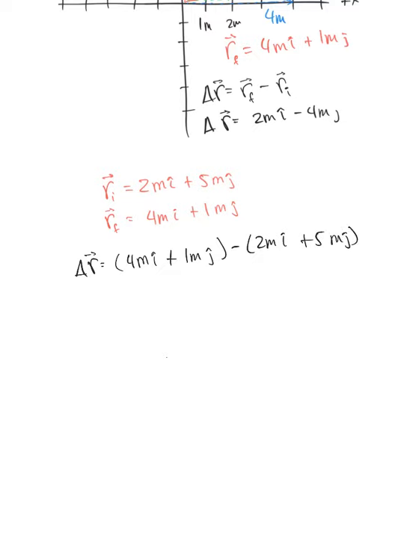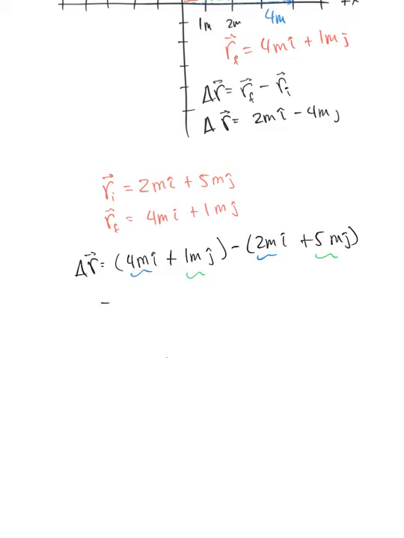The key here is to realize that the x components, the I hat components, are independent of the y components. That is, moving in the y direction does not help you move in the x direction. Likewise, moving in the x direction does not help you move in the y direction. So if I want to move 2 meters in the x direction, I can only do that by moving in the x direction.